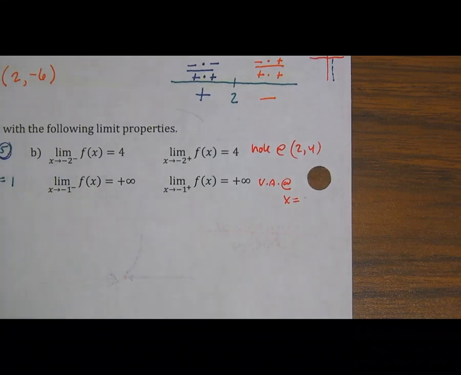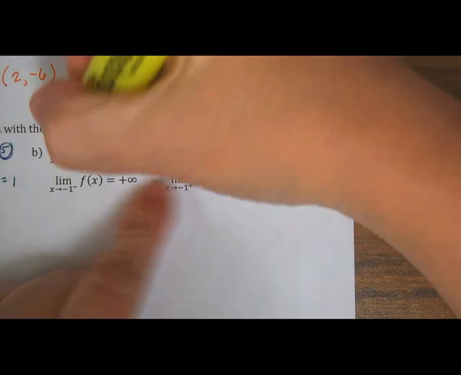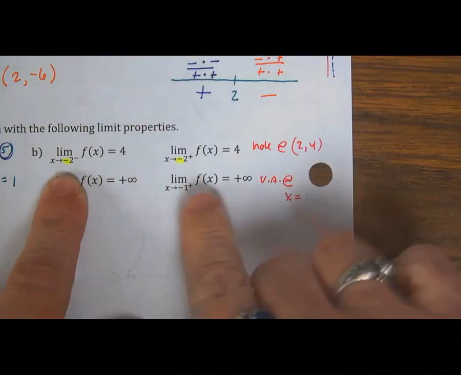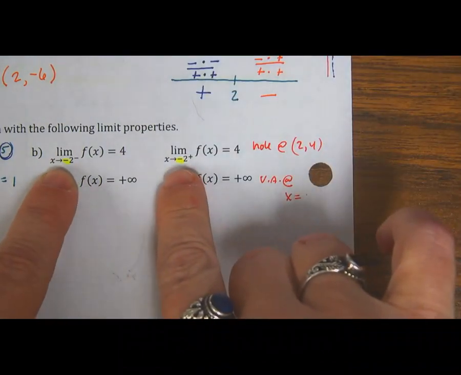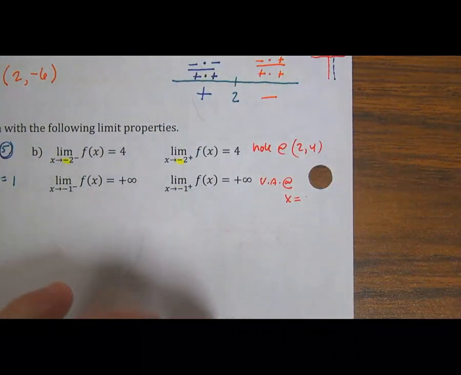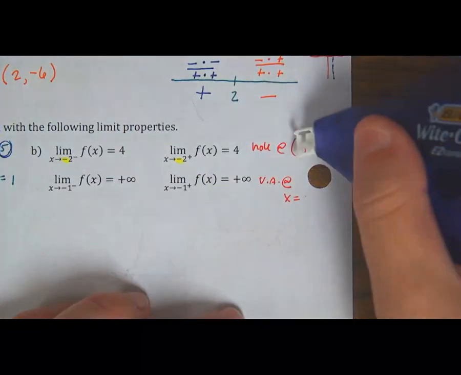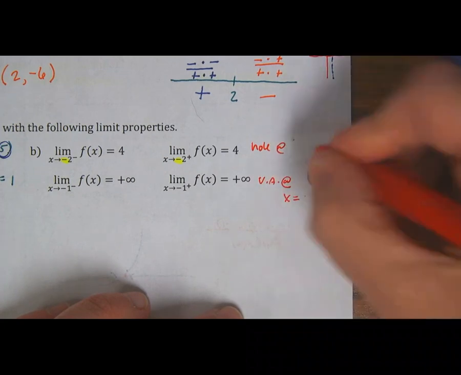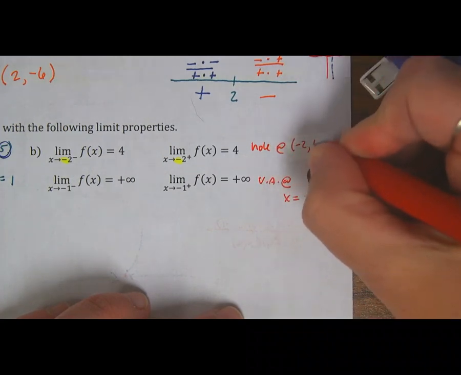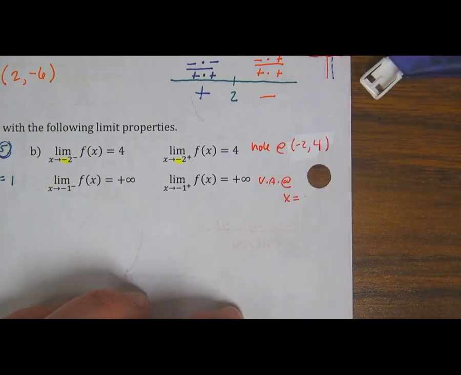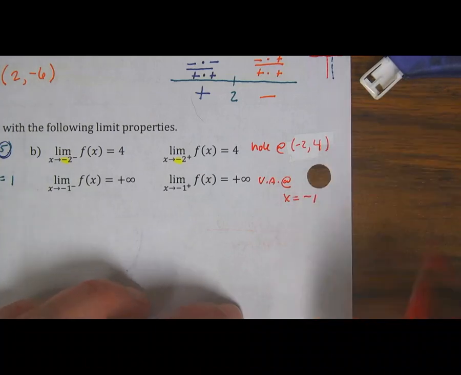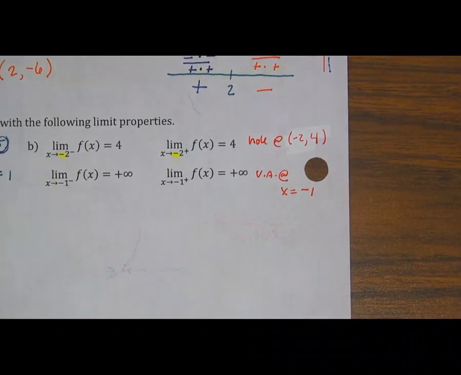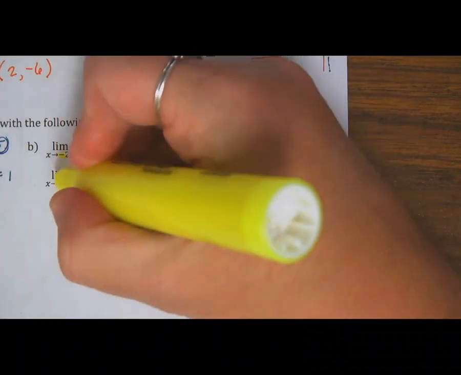I've done this problem 3 times, and every single time I don't see the negative 2, the little tiny, teeny little negative. So there's a hole at negative 2, 4. Okay, I apologize. Negative 2. And there is a vertical asymptote at negative 1.